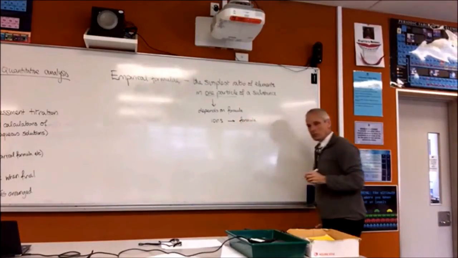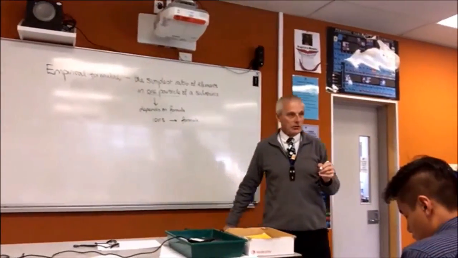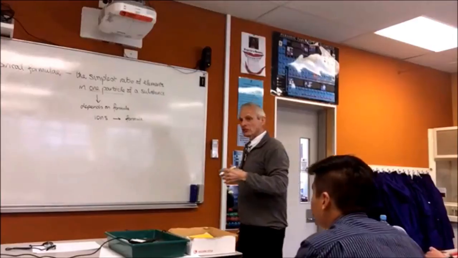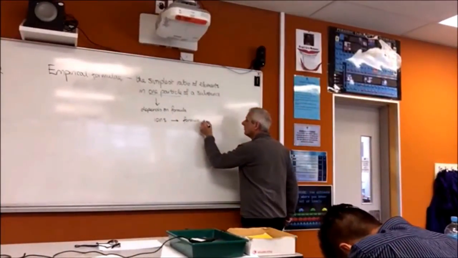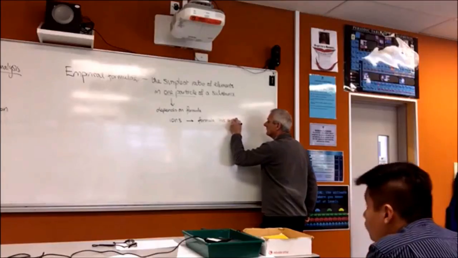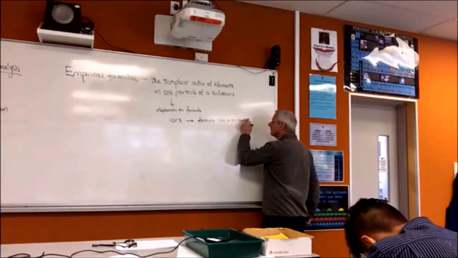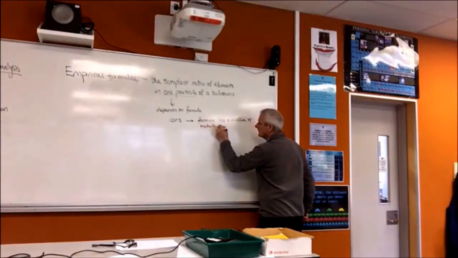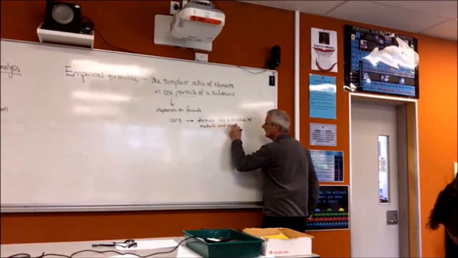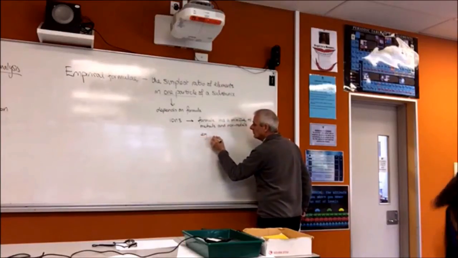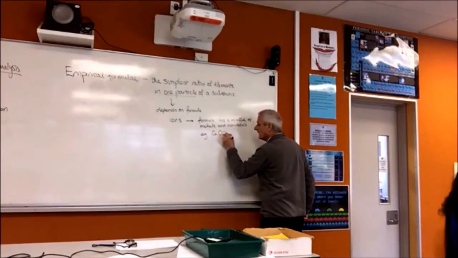And we can pick that up if the formula that we're dealing with for a particular substance has a mixture of metals and non-metals. And a typical example would be something like calcium carbonate.